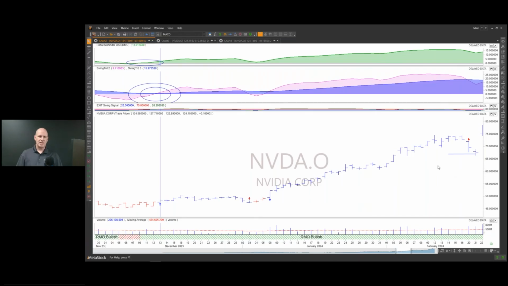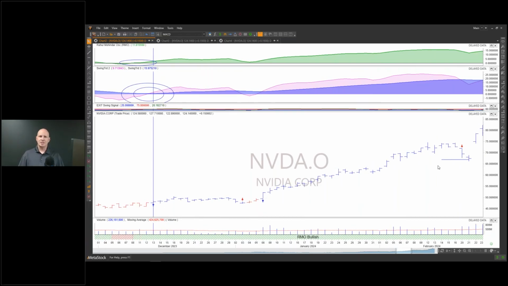Okay, so it would have stopped out there. Now the bar after that, what happens? It gaps up. This happens in trading, right? We stop out and then it may go up or it may go down. That's the mysteries of trading, but we always want to protect our profit. So if I stop out, okay, well, let's wait for the next setup. That's always a big thing as well.